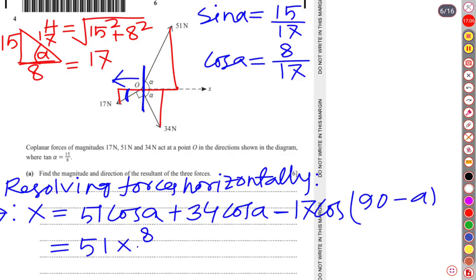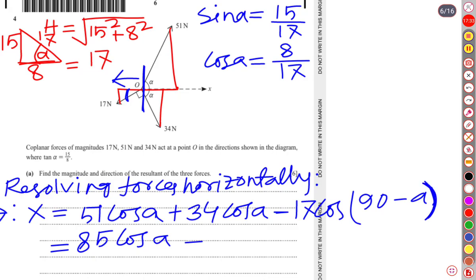Before writing this we will have to expand one more line, because you are going to know why I am not applying the values over here. 51 plus 34, it is 85. 85 cos alpha minus, now look at this, cos 90 minus alpha is actually sine alpha.